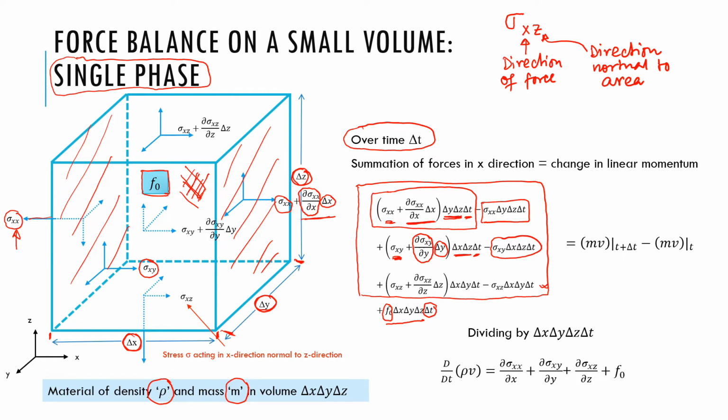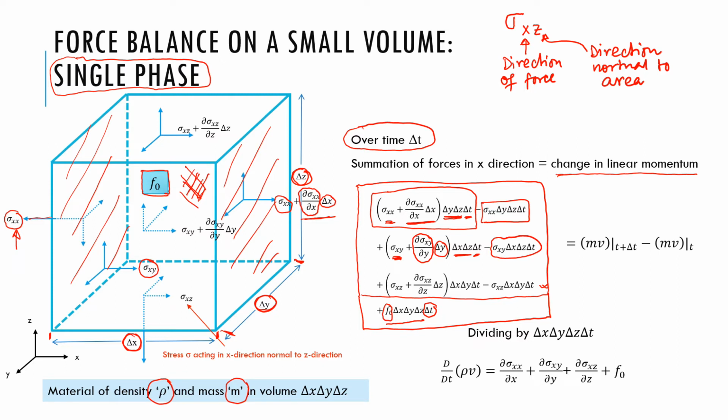Now together these two we have included surface and body forces, and because these forces are acting over time delta t, they are going to lead to a change in linear momentum, or the net force is going to produce some acceleration.